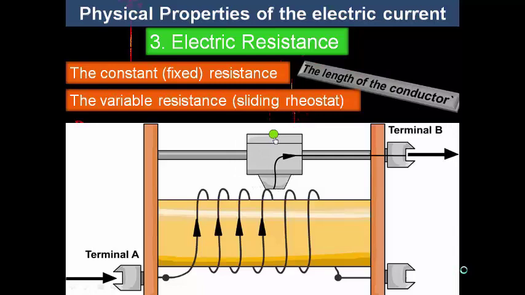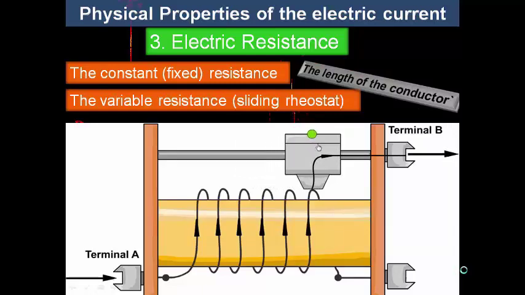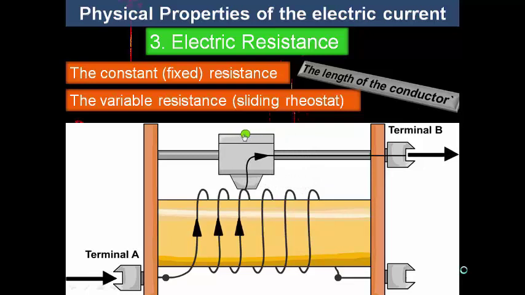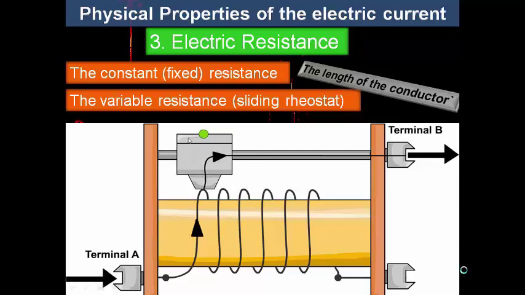As we previously said, the electric resistance is directly proportional to the length of the conductor. So by sliding the slider in the rheostat, we can change the resistance, and so we can control the electric current intensity flowing through the circuit and the potential difference in the different parts of the circuit.